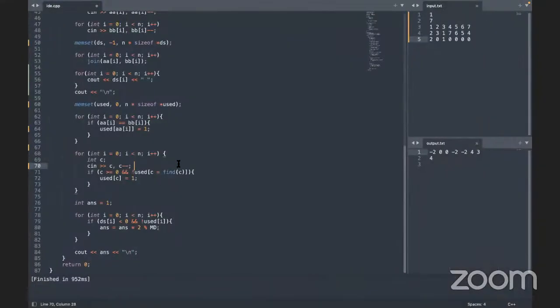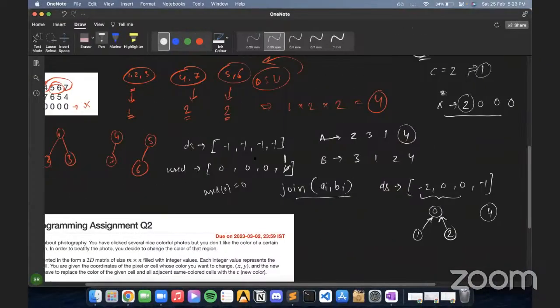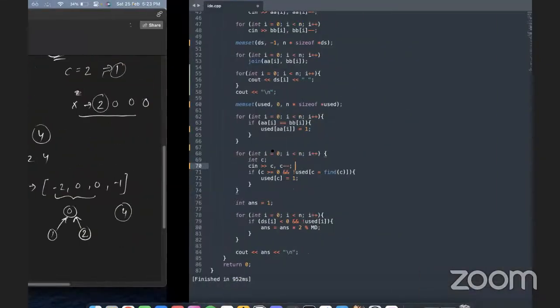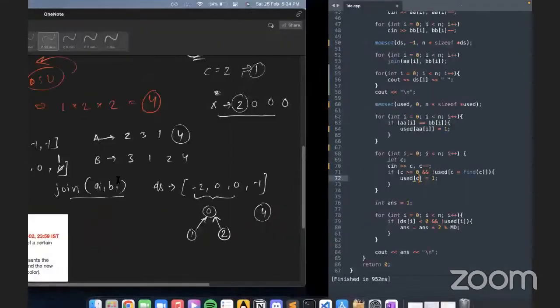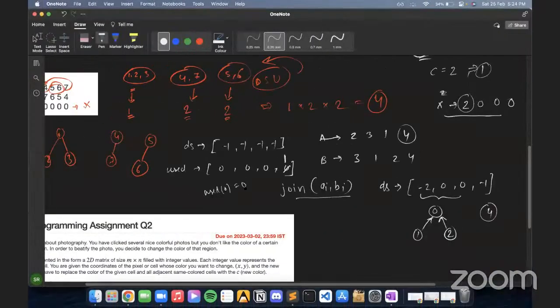And now we just need to fix. It sees, okay, used[0] is equal to 0. Basically, it's not equal to 1. Used is 0. So C is now 1, and it will fix used[1] equals to 0.